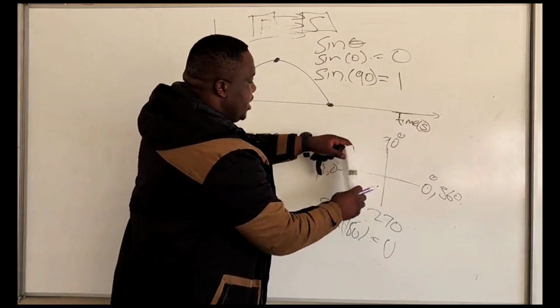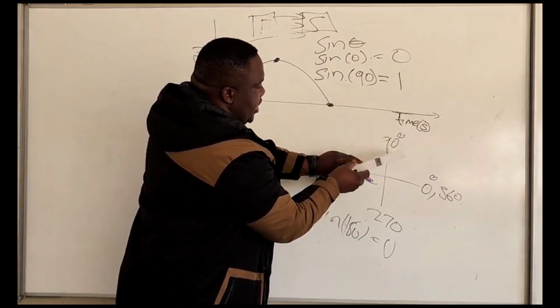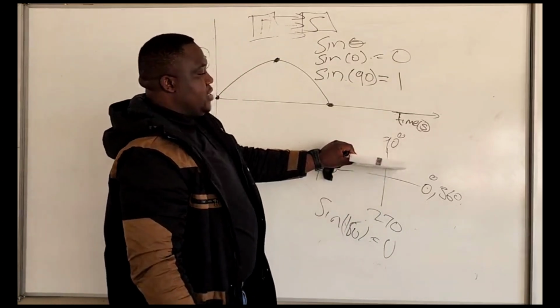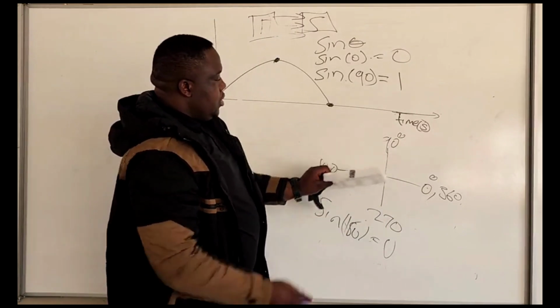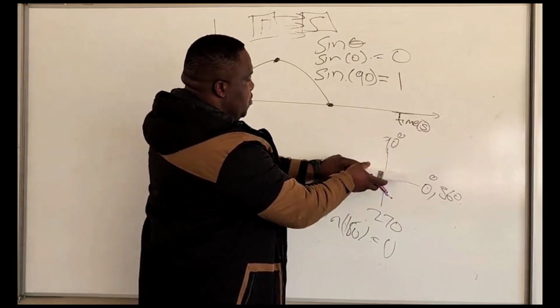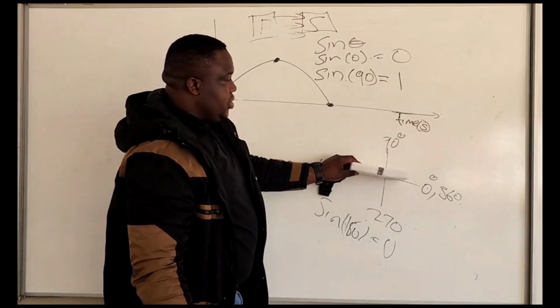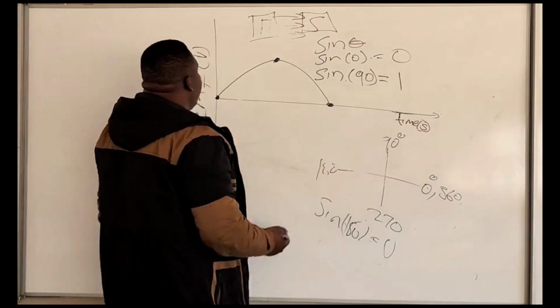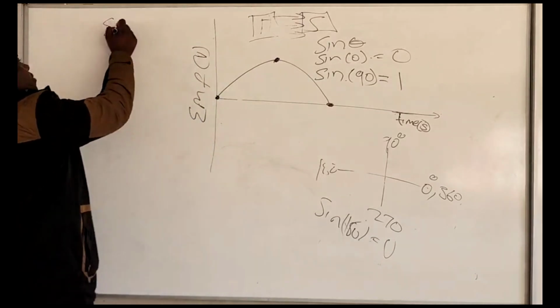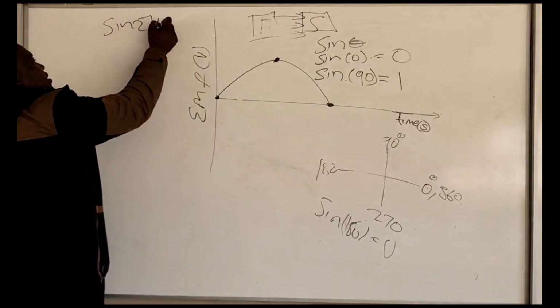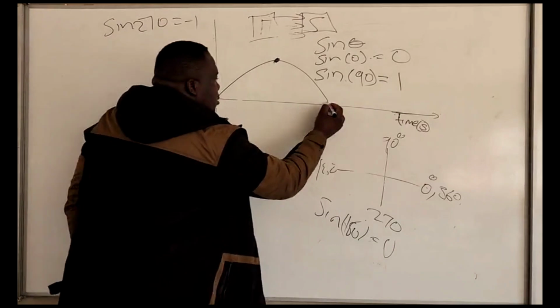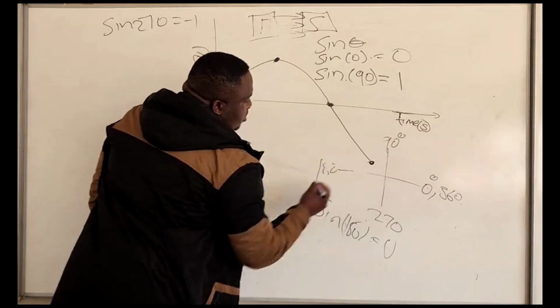Then, when it is at 180, it turns again. It turns to what? It turned to 270. When it turns to 270, what is sine 270? Sine 270 will give us negative 1. It will come down here.